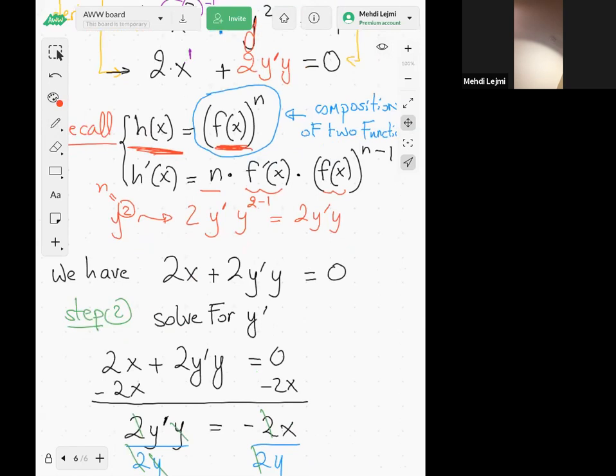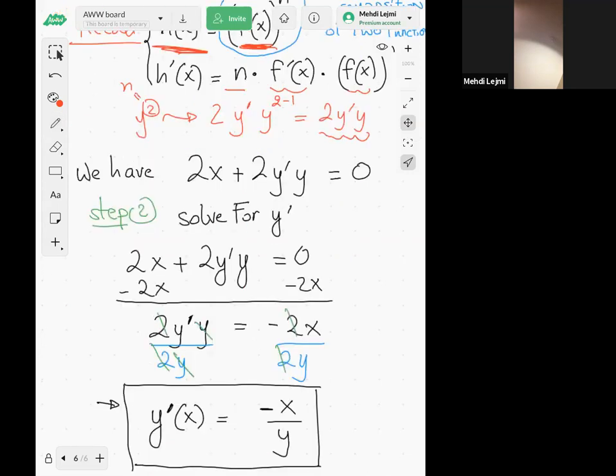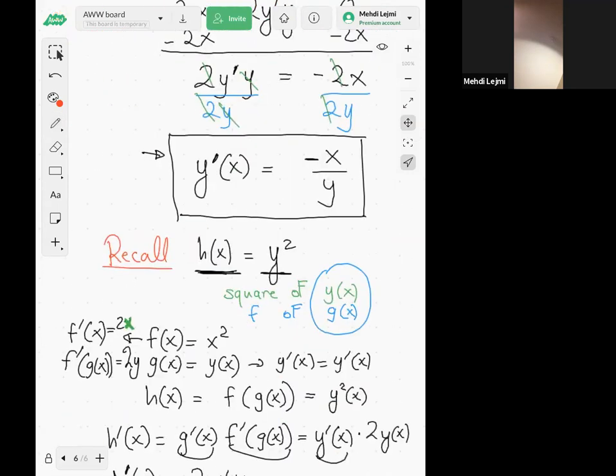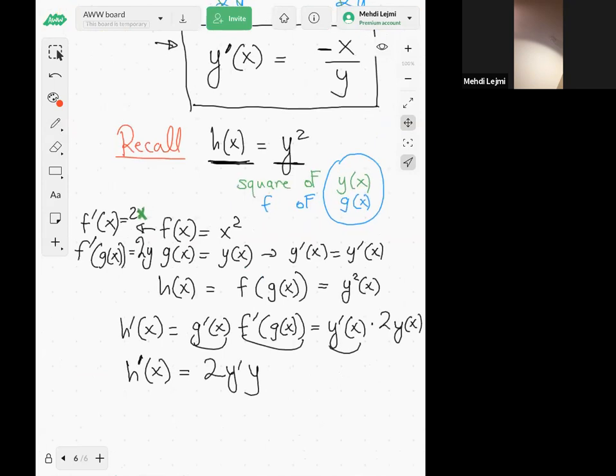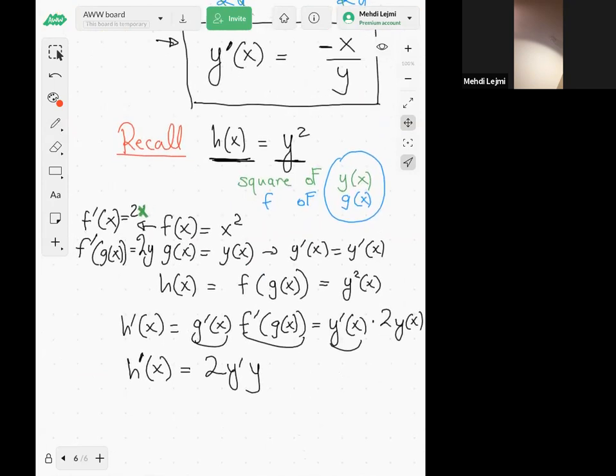And so we got the same answer, 2y prime y. And again, this rule is just a consequence of the chain rule, okay? Yes, so I guess that answers your question, right? Thank you.